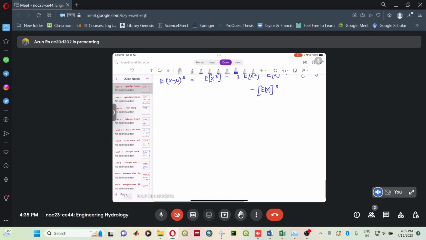So we can find out E of x cube similar to how we found out the E of x square. So E of x cube will be nothing but integration of minus infinity to infinity, instead of x square, we'll put x cube into f of x dx. So this is the third moment.